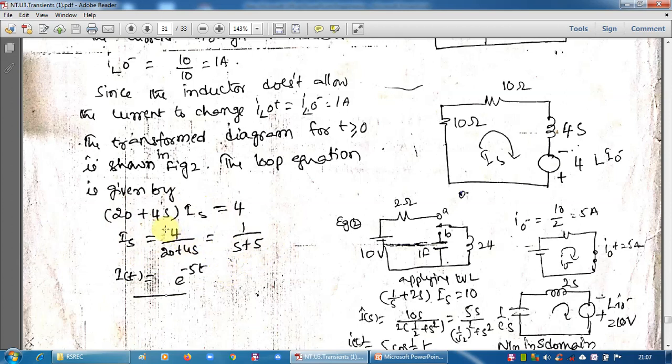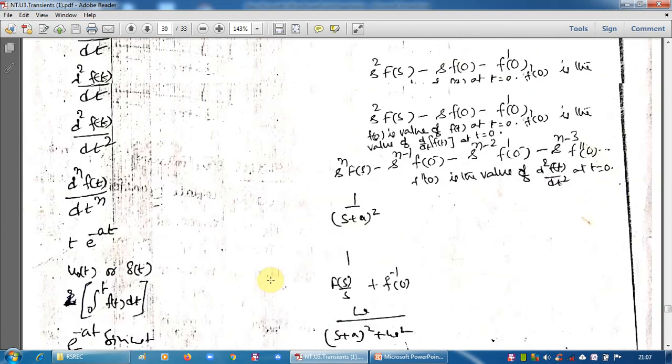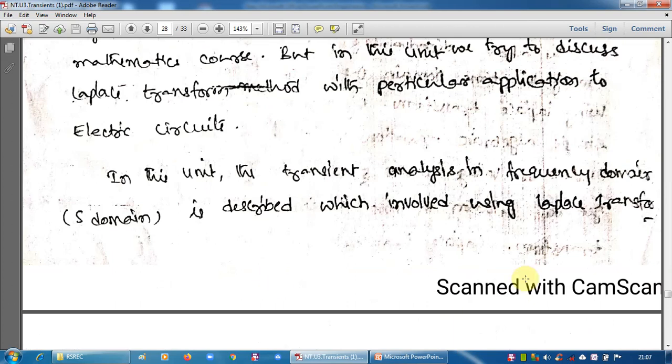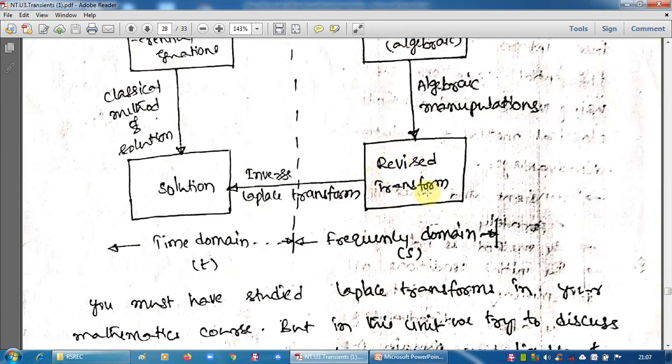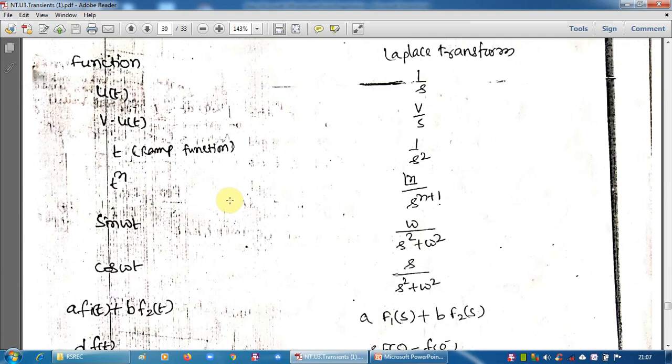Now we need the value of I in the time domain. So what do we have to do? Here IS is this. This is to be transformed back to the time domain, so we apply the inverse Laplace transform.